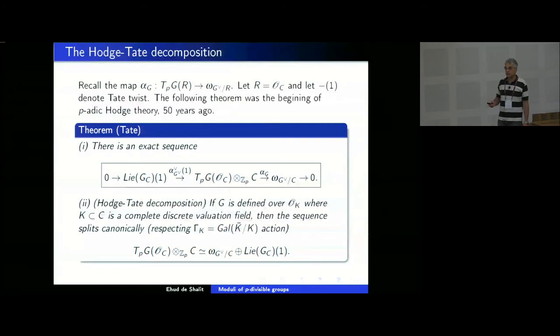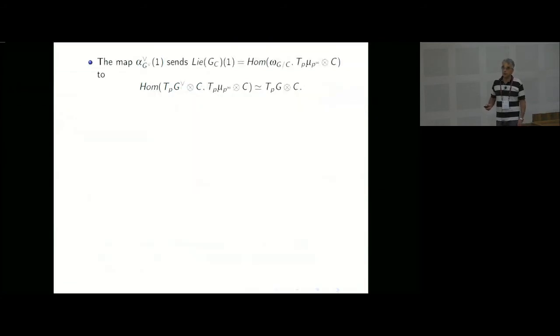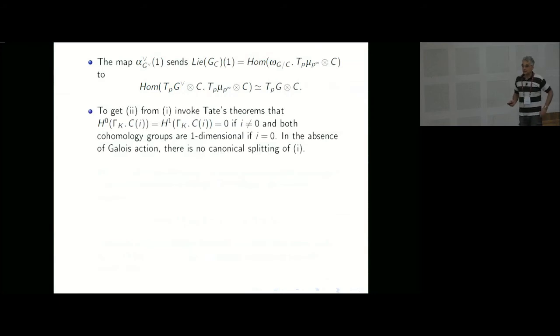And this is what Tate did. And we will see maybe tomorrow another proof of it. And again, to get 2 from 1, Tate invoked his results that were mentioned in one of the talks before about Galois invariants and the first Galois cohomology of twists of C by the cyclotomic character.